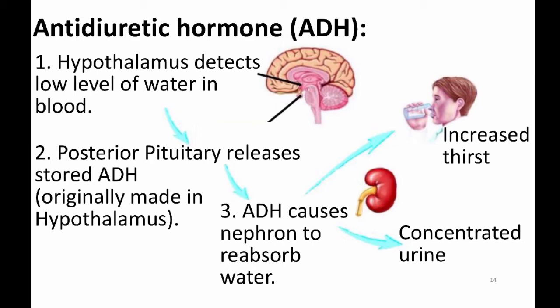The posterior pituitary releases antidiuretic hormone, and that has a number of effects. It acts in the nephron to close the aquaporin channels that allow water to flow into the tubules and forces the urine to become more concentrated because of that. It also results in increased thirst, which is handy since if you're dehydrated, you need to drink more water.